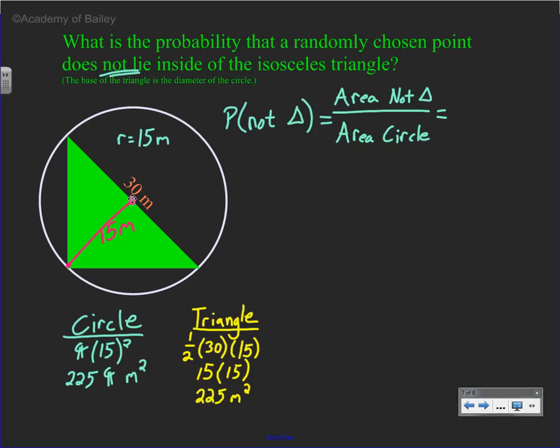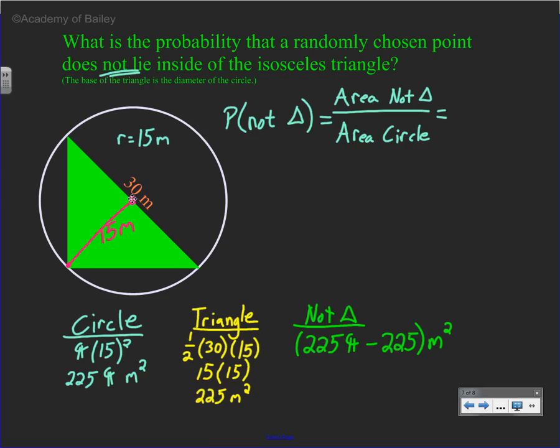And let's go ahead and do our calculations here. The area of not landing in the triangle is going to be the area of the whole circle minus the area of the triangle, square meters.